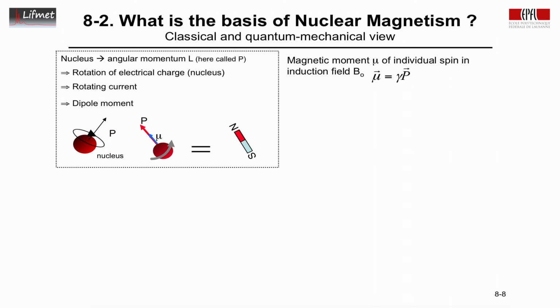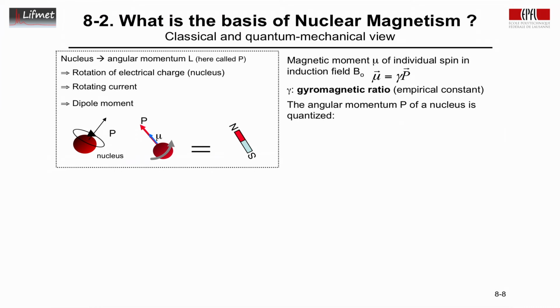And gamma here is called the gyromagnetic ratio. It's an empirical constant. There's a more profound theory behind what dictates the gyromagnetic ratio for a given nucleus, but for our intents and purposes, it suffices to say that this is an empirical constant.